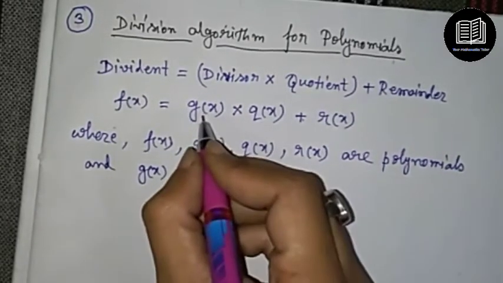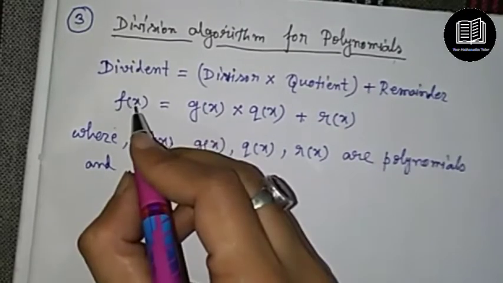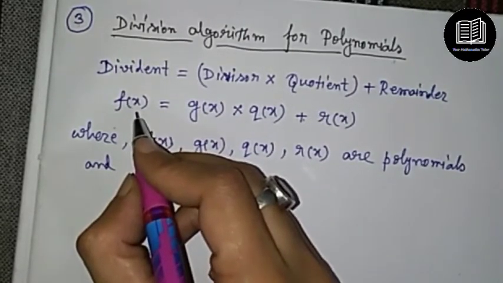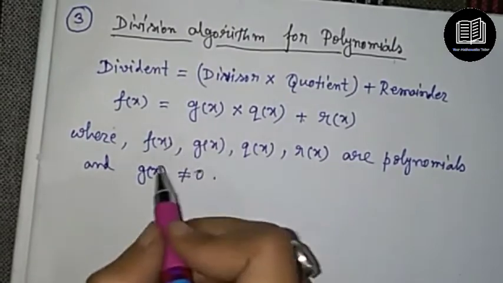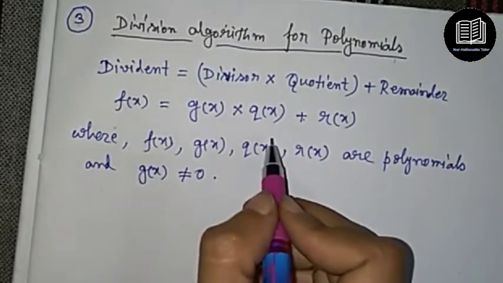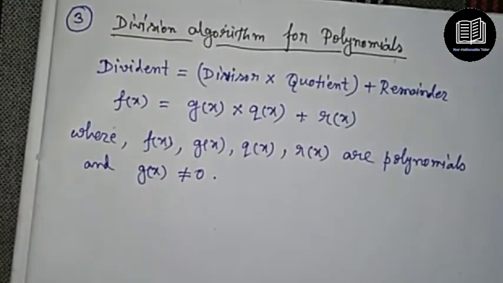Why? Because if g(x) is 0, then we cannot divide, because we cannot divide anything by 0, right? So this is our division algorithm for polynomials.